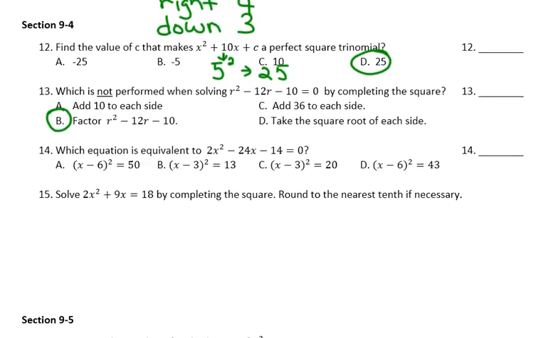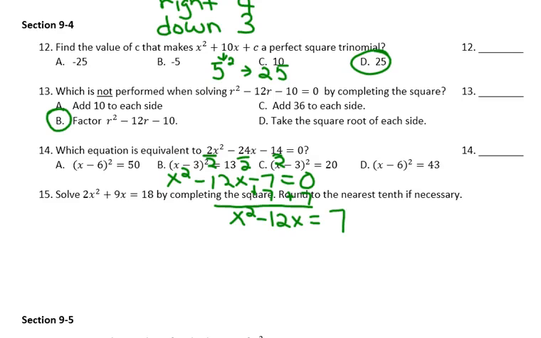Which equation is equivalent to this? So they want you to basically go through and do your perfect square factoring. So first thing I would do is divide everything by 2. So I'm going to have x squared minus 12x minus 7. Now I need to add 7 to both sides in order to do my perfect square trinomial.